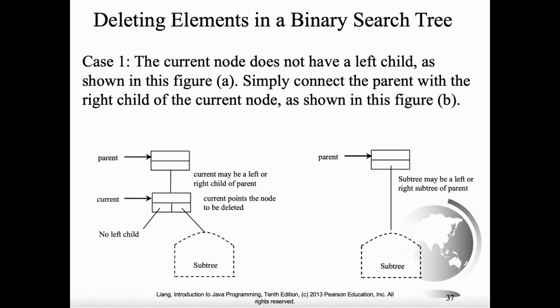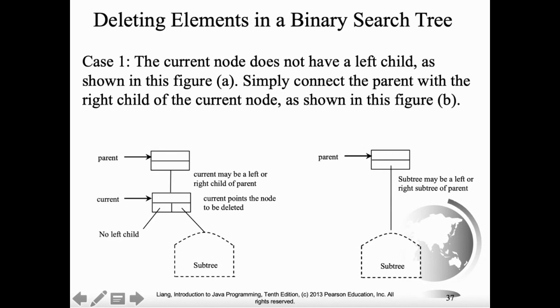You can see that in the picture as well, right? This node, for example, the node current, is the node we're going to remove from this tree, and it doesn't have any left children. If that's the case, we call it case number one.